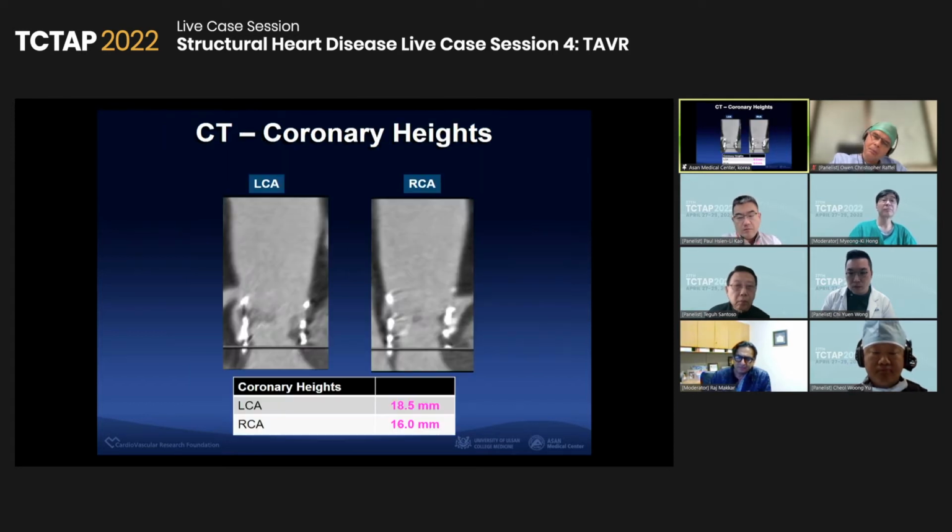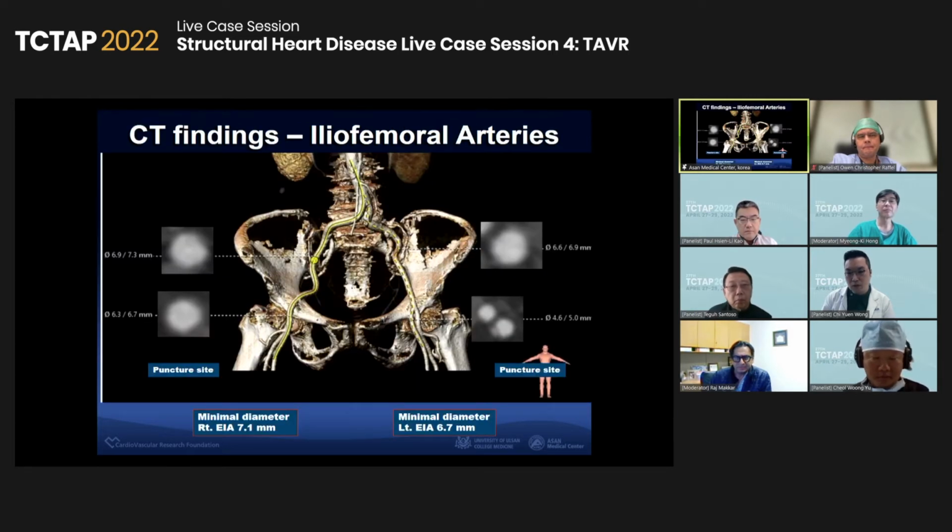The coronary height, when measured from the base of the previous Sapien valve, was sufficiently high, and there is good coronary opening from the previous Sapien valve. Iliofemoral access was okay.